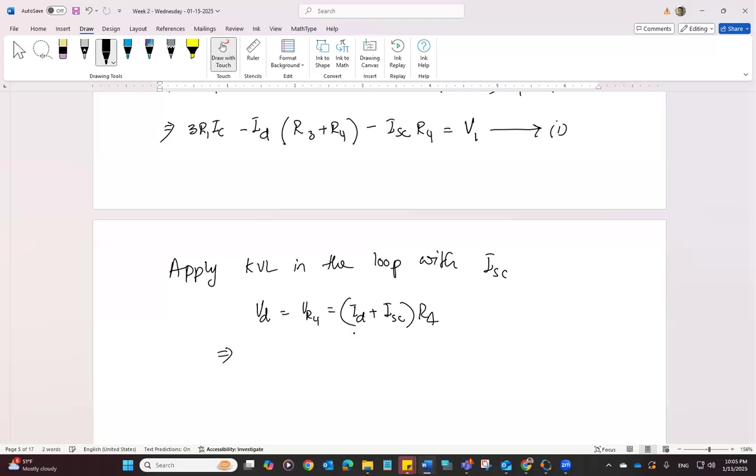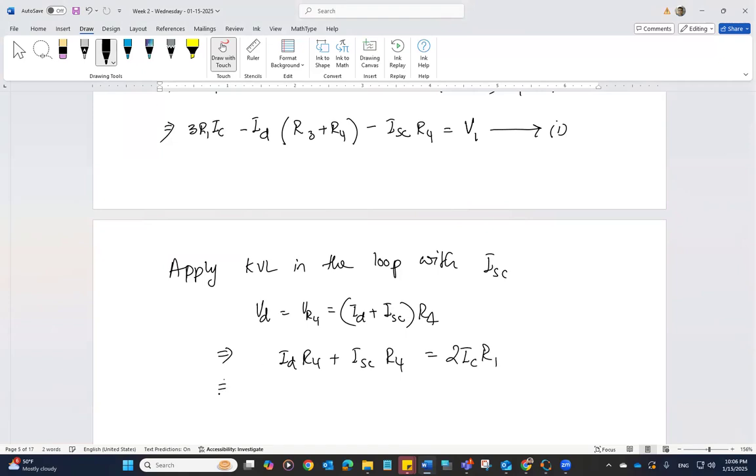On the left hand side, I'm going to write down unknowns like I did in equation number 1. That's going to be ID R4 plus ISC R4, and right hand side. Oh, actually VD has to be written in terms of 2 times IC times R1.